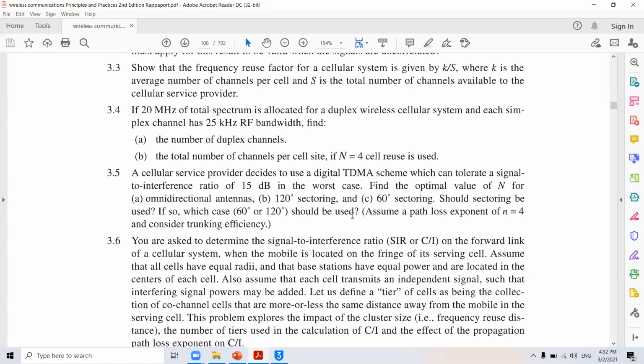Assume a path loss exponent n small equal to 4, and consider the trunking efficiency. Please, you have to see what I am going to do in this problem. This problem is very important. Why? In this problem, we are going to understand the operation of the cell sectoring.